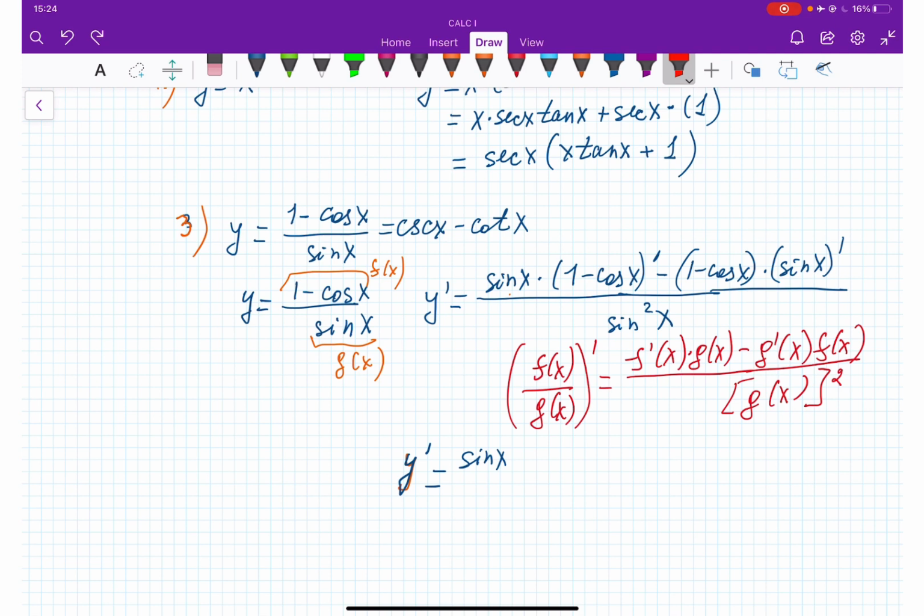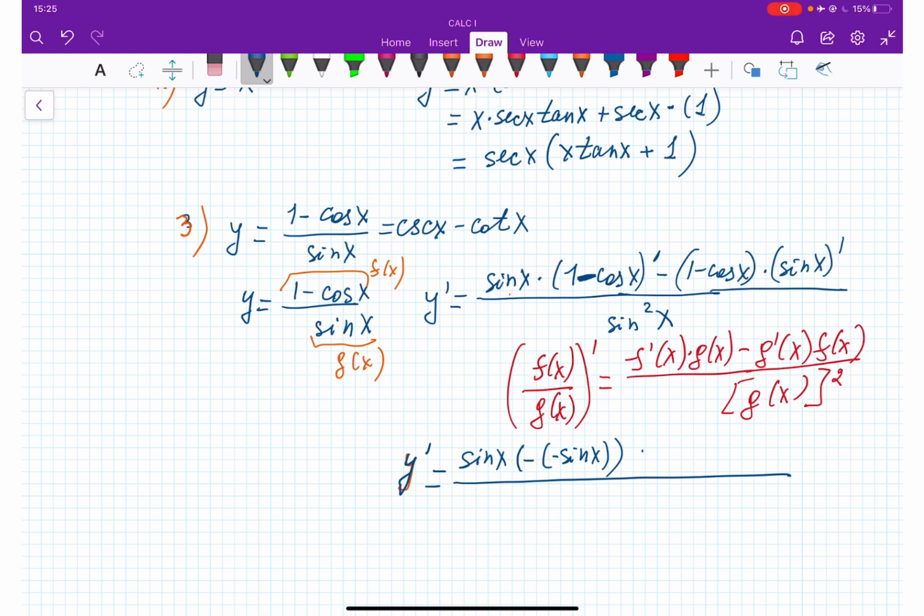But because we have a negative here, it's going to be times negative sine x. Yes? Because here we have minus. And the derivative of cosine is negative sine. That's how we ended up with two negatives.